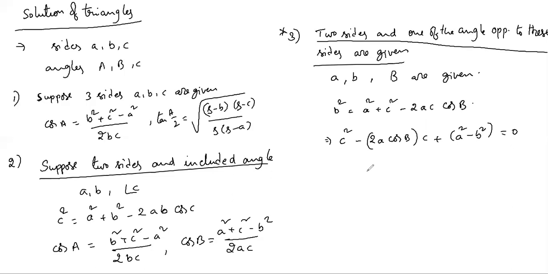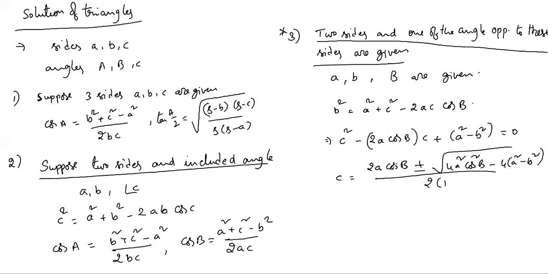So what are the roots for c? c equals a cos B plus or minus root of a square cos square B minus (a square minus b square).